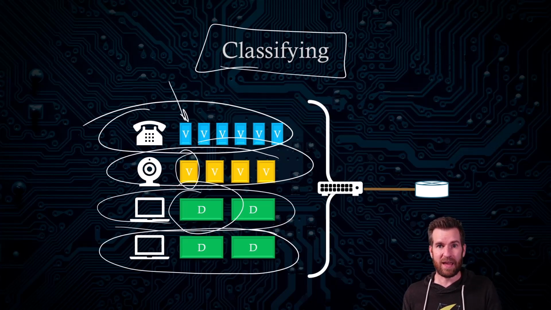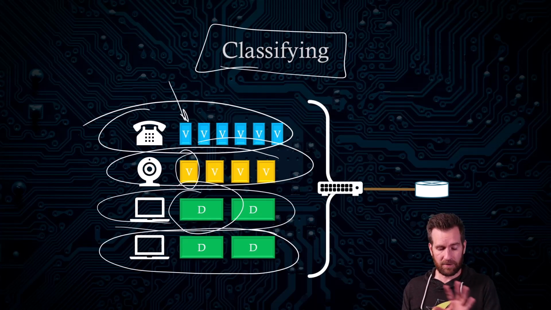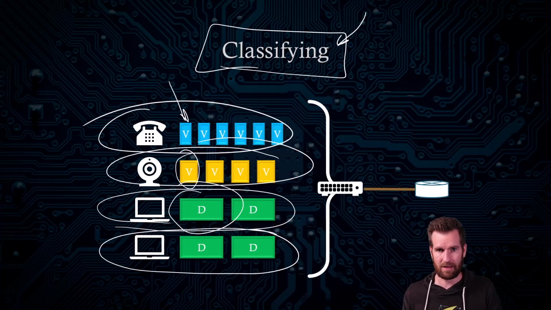It may be based off of some sort of application layer hint that we have, some sort of port maybe that it's using. It may be based off of a physical port. It may be based off of a LAN or a local area network that it's coming from. So it could vary, but we need to classify that data somehow so we can treat it differently.